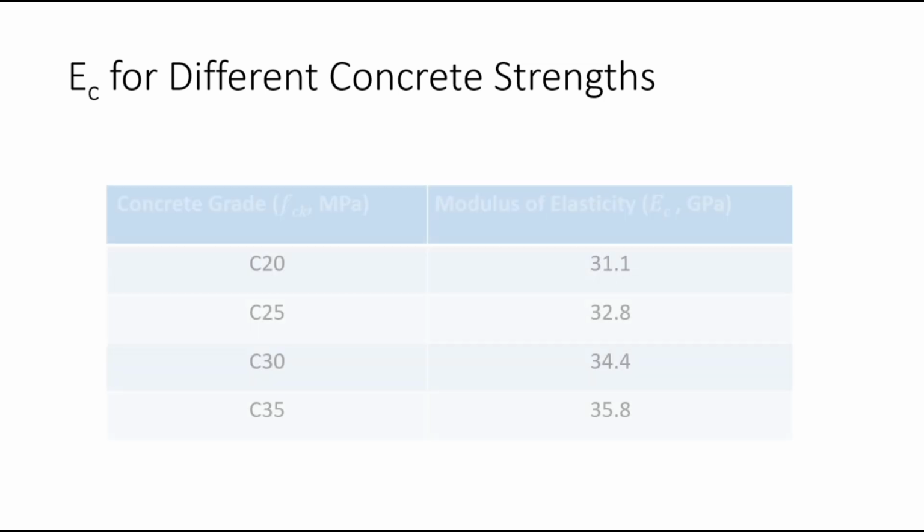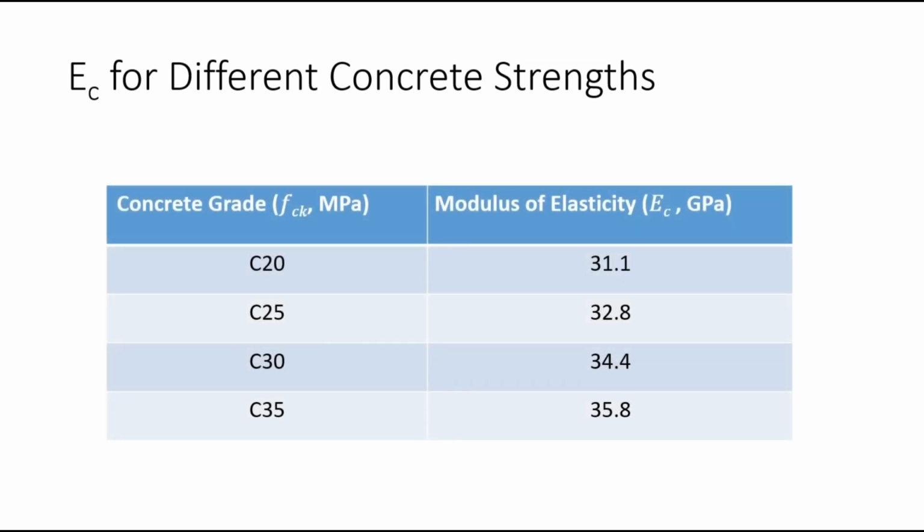We go ahead and talk about the modulus of elasticity for different concrete strengths. In this table, we see that the modulus of elasticity increases the higher the concrete grade.